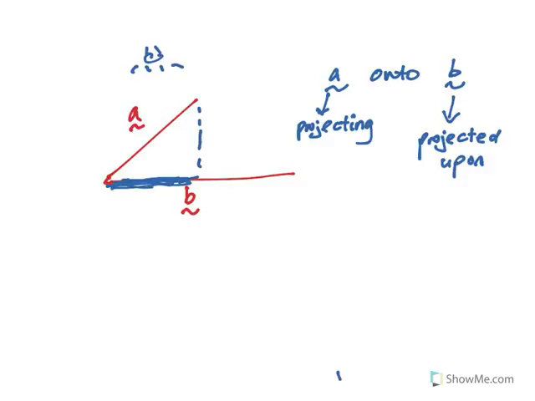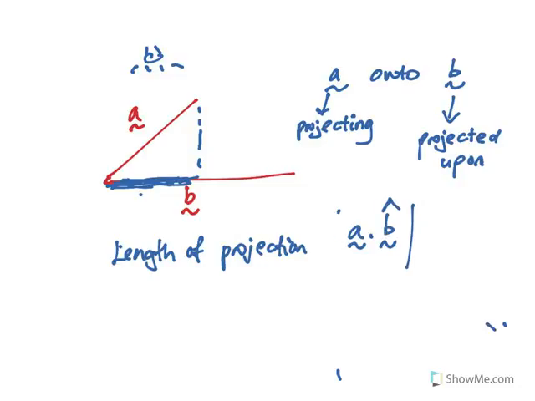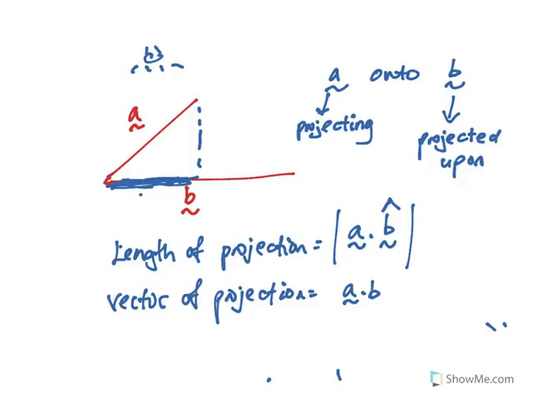So for this vector, the length of the projection is none other than A dot product with B hat. Then the vector of projection itself will be equal to A dot product with B hat, and we use this as a scalar to multiply B hat itself.